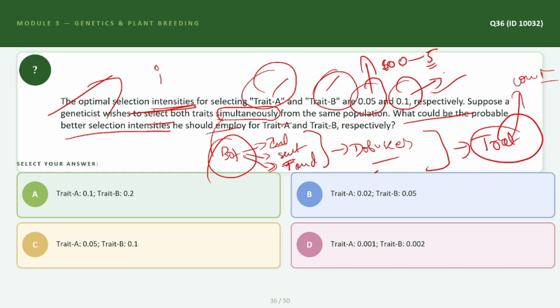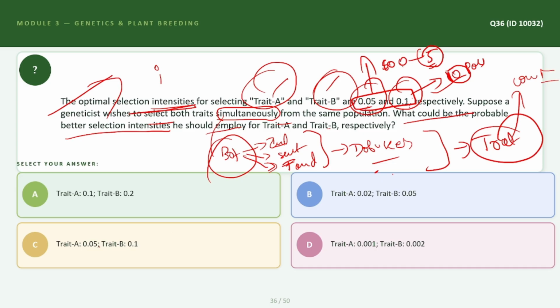Here, out of 100 you are selecting 10 plants, that is 0.1, separately. But when you are selecting combinedly, definitely the intensities will be less than this. Sorry, the intensity has to be compromised.